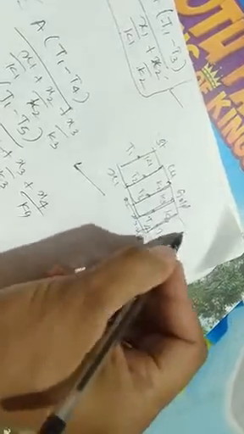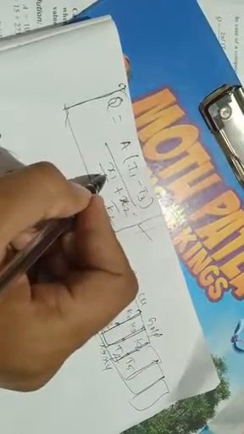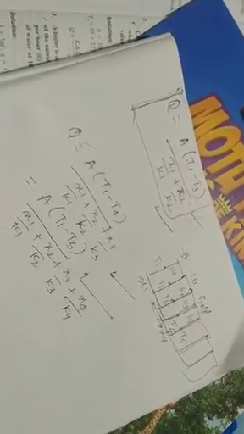If you want to add more blocks or materials, you need to change this expression. The main expression is Q equals A into T1 minus T3 divided by X1 divided by K1 plus X2 divided by K2. This is the composite material derivation, the heat transferred through a composite material. In the next video I will solve some simple problems which will be asked in your exam.